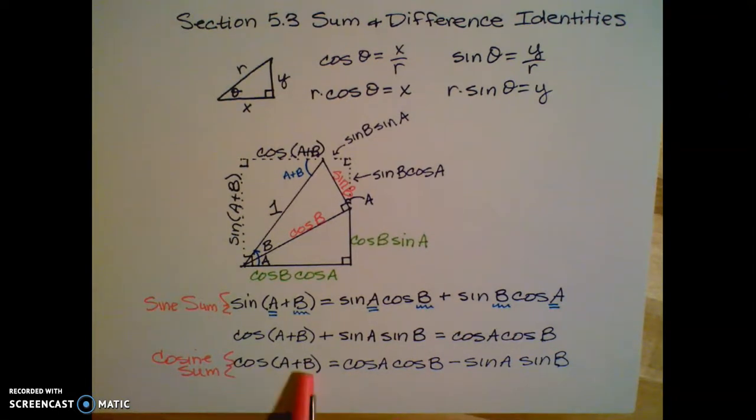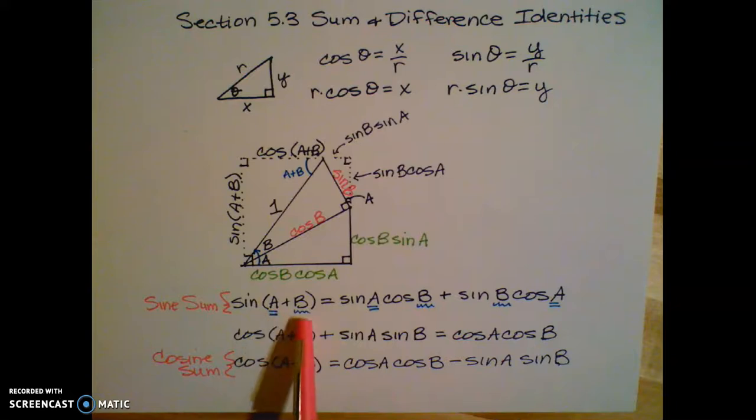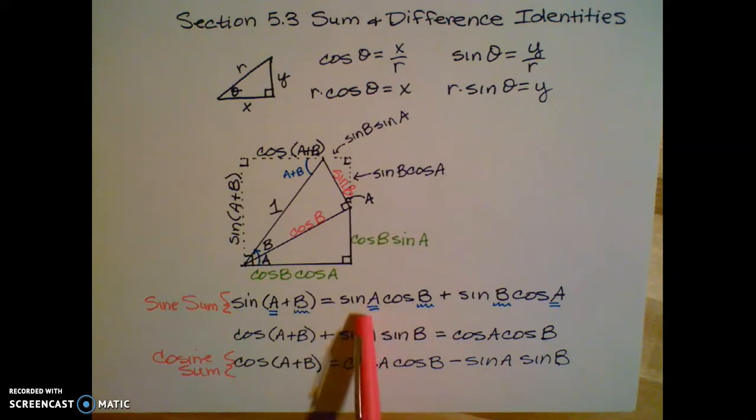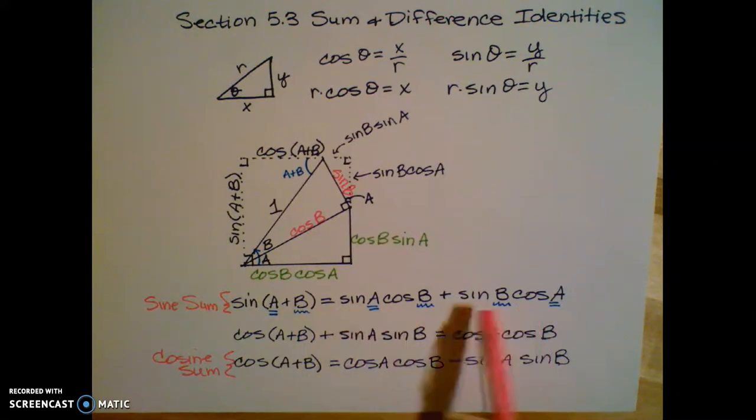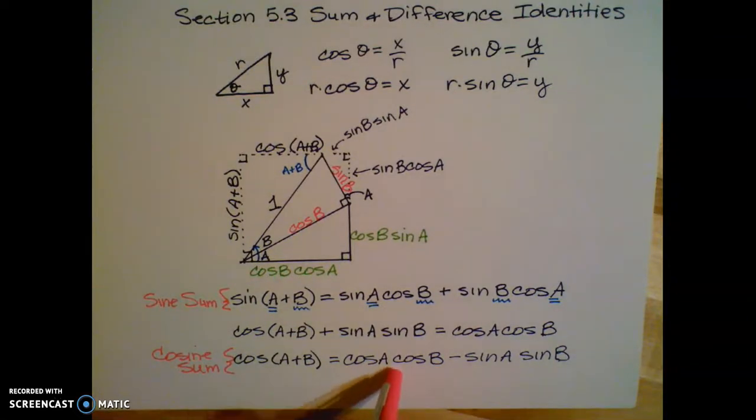When you're doing the sum for a cosine function, you take the cosine of the first angle times the cosine of the second angle, both cosines, and we subtract from that the sine of the first times the sine of the second. So in the sine sum, you're going to have a product of sine and cosine, a product of sine and cosine, whereas in the cosine sum, you have the two cosines together and the sines together, and the cosines always go first in this position.